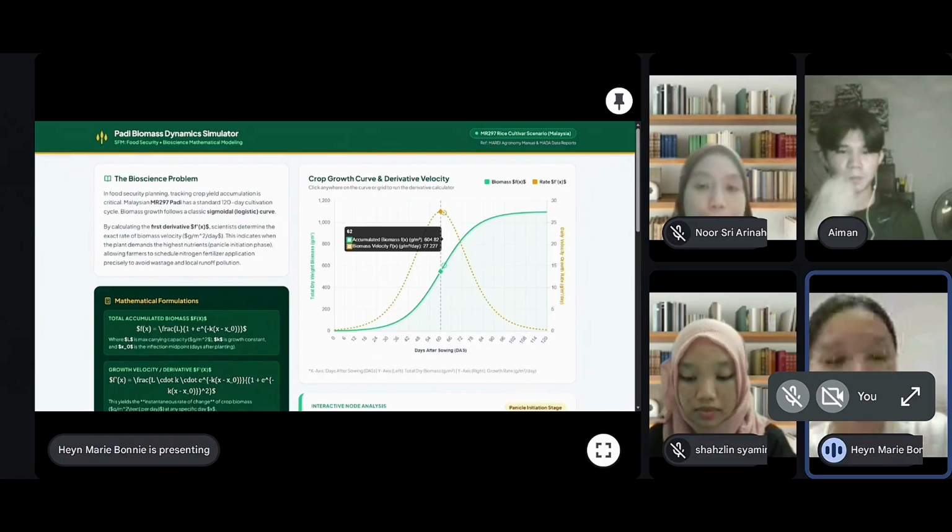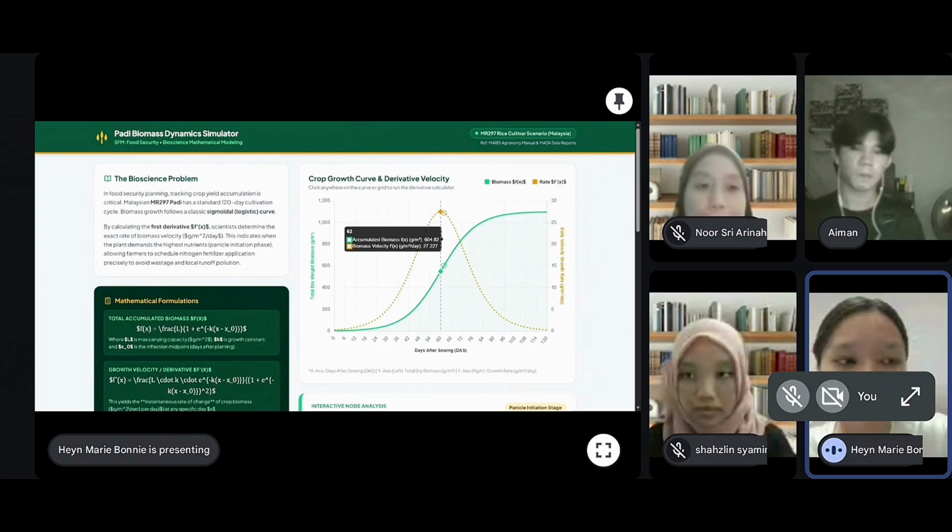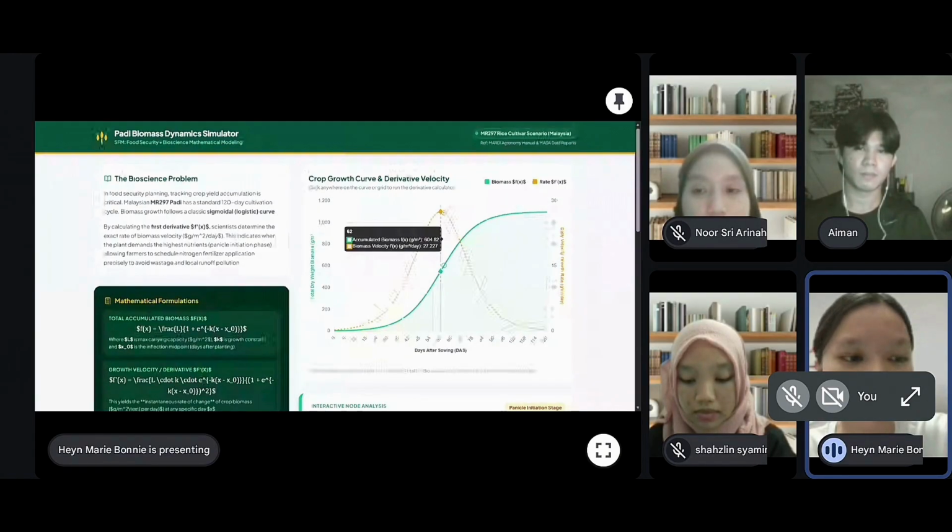This project is important because traditional farming relies heavily on calendar guesswork, which leads to massive fertilizer wastage and local runoff pollution. Paddy biomass growth follows a non-linear sigmoidal logistic curve.